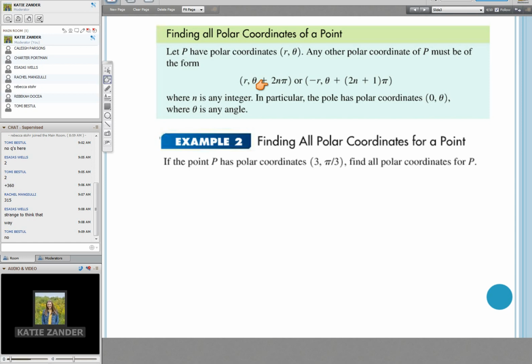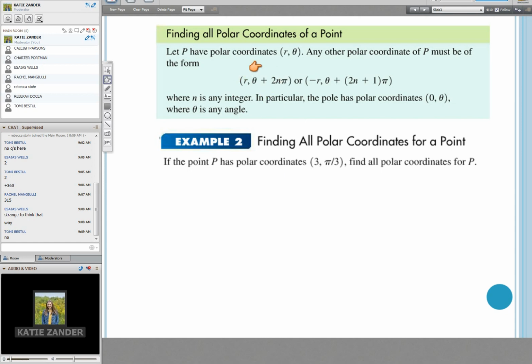We saw that on the last slide. But they give it in terms of radians versus degrees here. We can keep the r, but we can find additional theta points by adding 2n pi. And basically the n can represent 0, 1, 2, 3, any integer really. So negative, 0, or positive, n can be any of those values. So really you're adding 360 or 2 pi onto that, or multiples of 2 pi onto your theta.